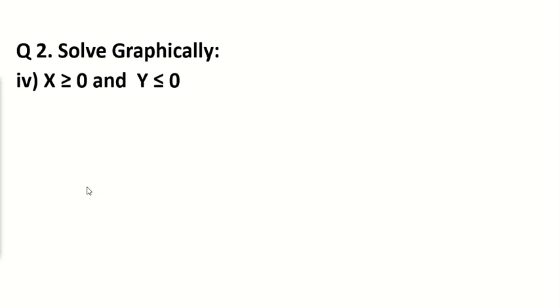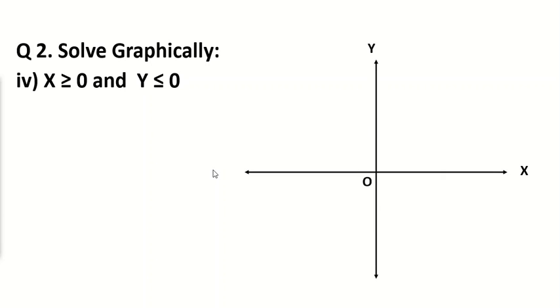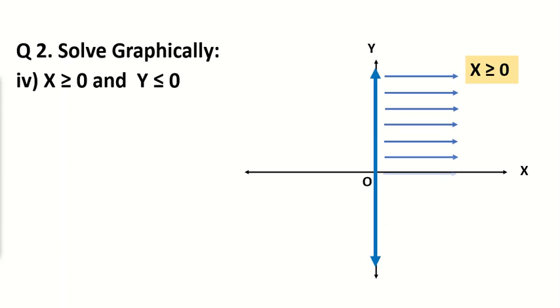Let us see the last problem. You have x greater than 0 and y less than 0. Draw the XOY plane. Draw the line x equal to 0. Show the region: it will be all values having x positive.